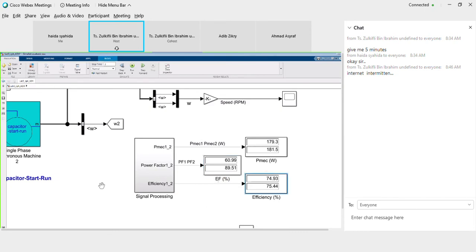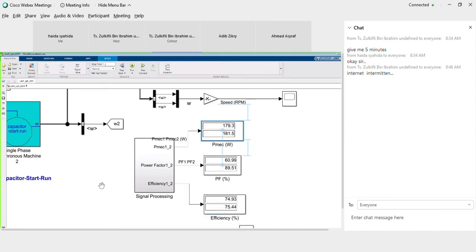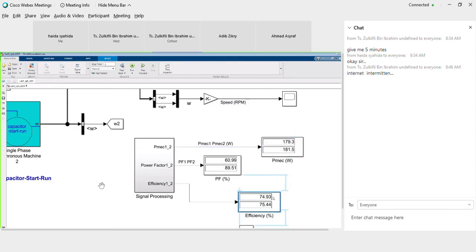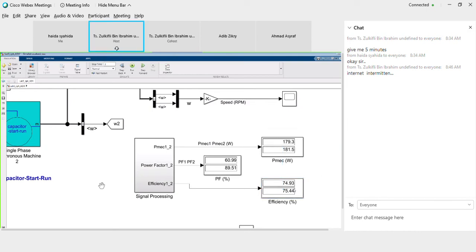Sorry, betul lah di PF kat sini. Dia menunjukkan atas bawah dia. So this is your efficiency of this machine. This is the power factor.